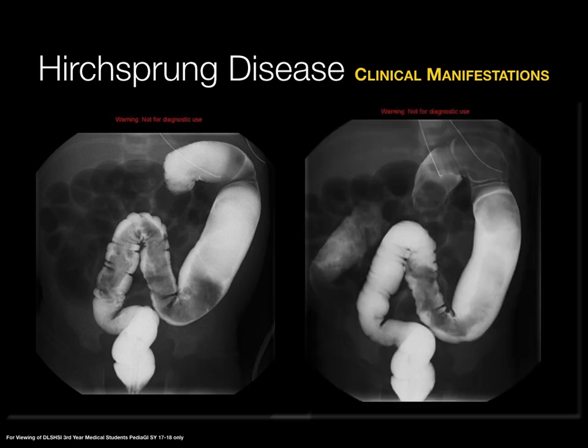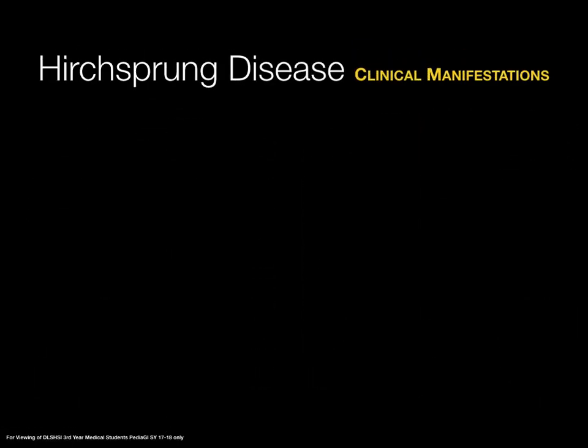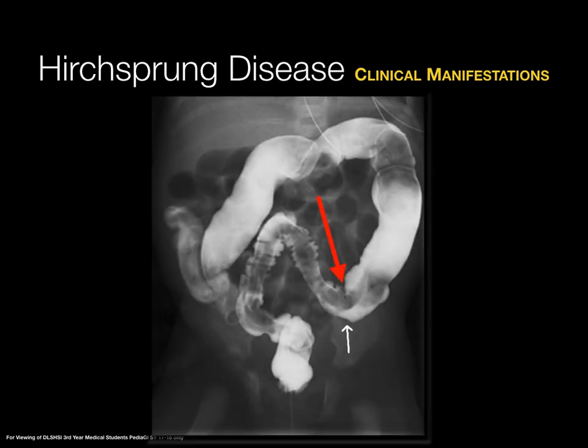This is a fluoroscopy of Hirschsprung disease. Note that there is megacolon noted in the rectosigmoid area. Classic findings are an abrupt, narrow transition zone between the normal dilated proximal colon and a smaller caliber obstructed distal ganglionic segment, as depicted with the arrows.